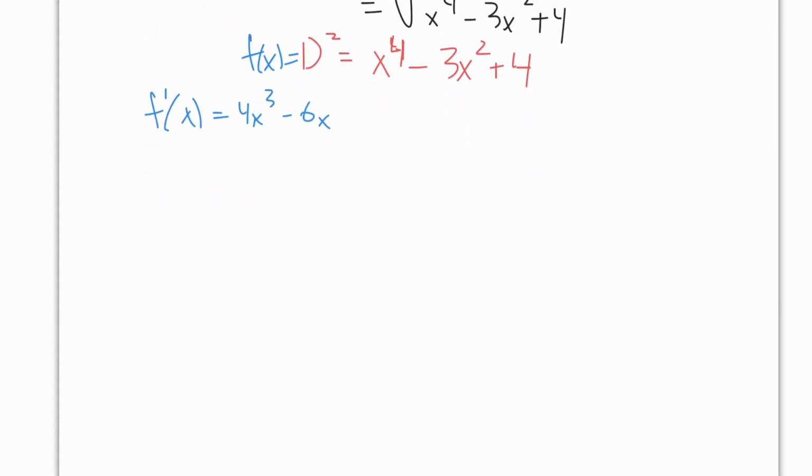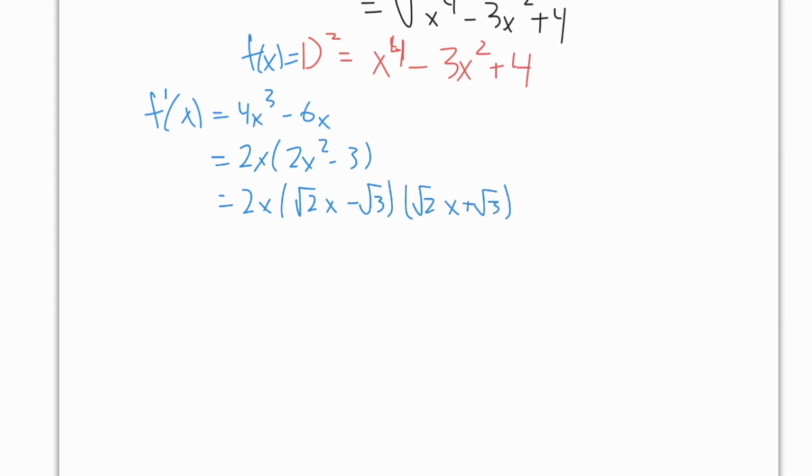So here we go. We're going to factor out a 2x, giving us 2x times 2x squared minus 3. Then we can go ahead and factor out, well, we could do a difference of squares from that. So we'd get 2x, and then we get root 2 x minus root 3, root 2 x plus root 3.